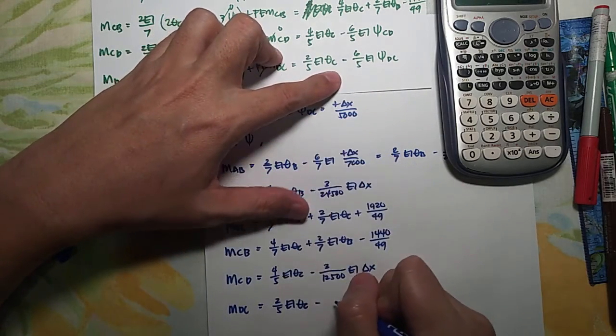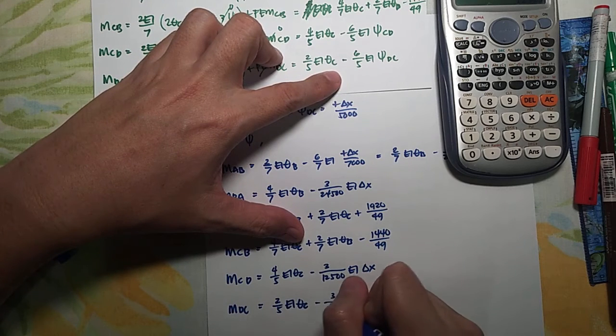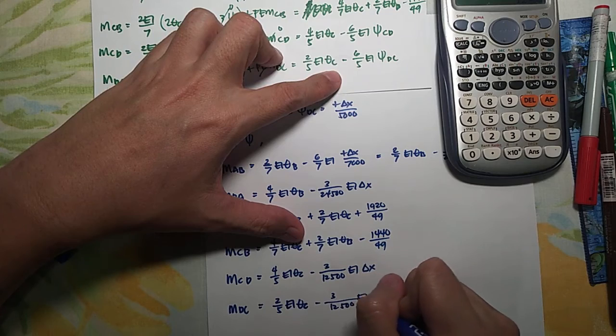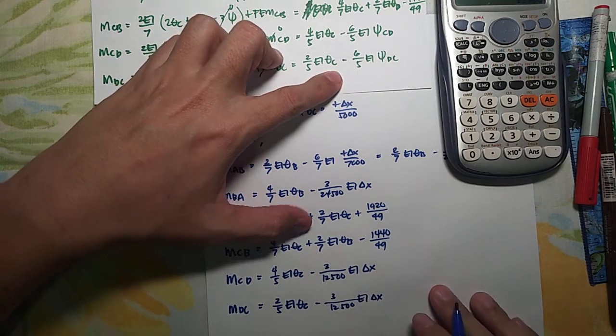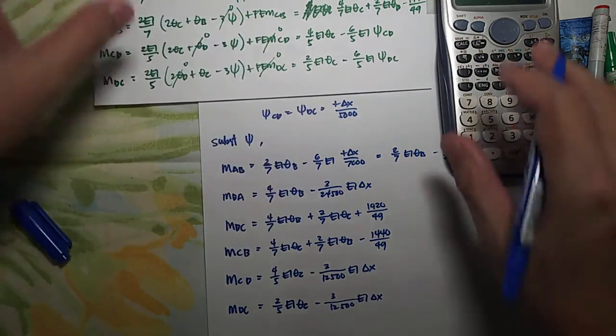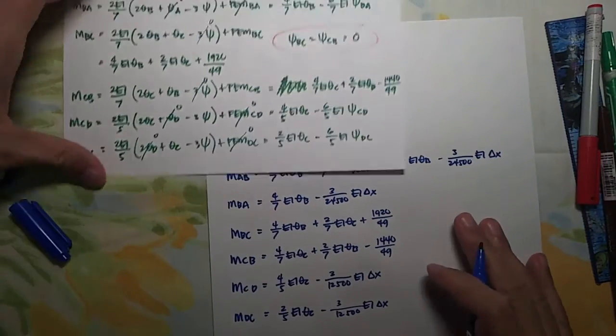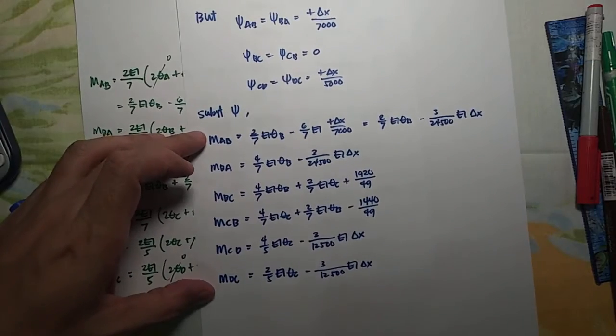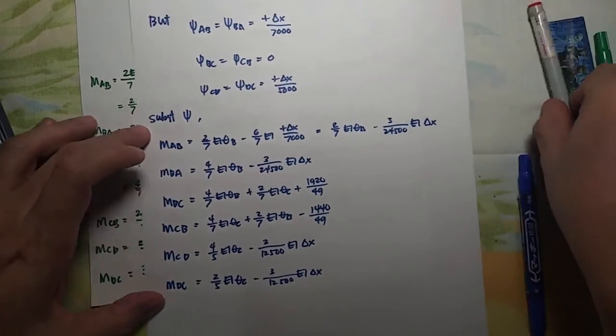So it would be 3 over 12,500 EI delta X. Okay? So, from this set of equations, substituting the psi values, it gives us these equations.